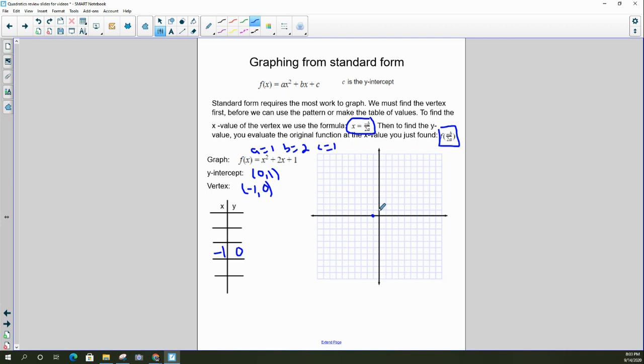Over 1, up 1, that definitely matches with my y-intercept of 0, 1. Over 1, up 3. Over 1, up 5. Then find all the symmetrical pieces and draw your graph.